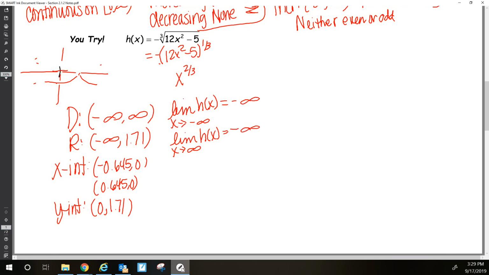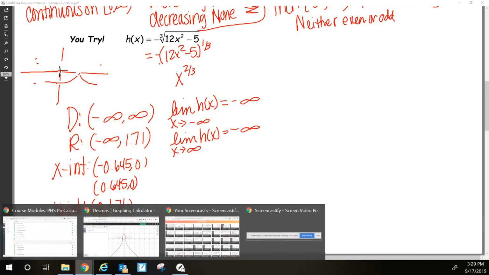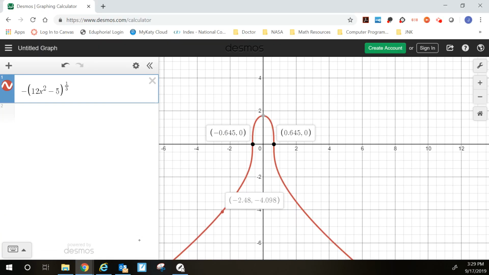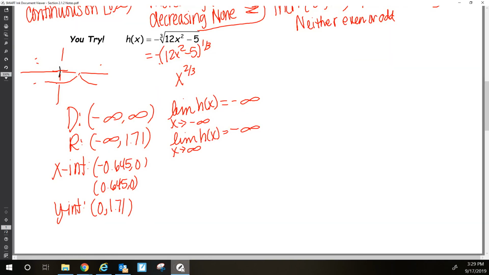All right, is this guy increasing? Oh, is it continuous? Well, it sure seems to be continuous. I might question it up here, but I definitely have a point up there, right? So I really think we're continuous on the whole thing. So continuous on negative infinity to positive infinity.